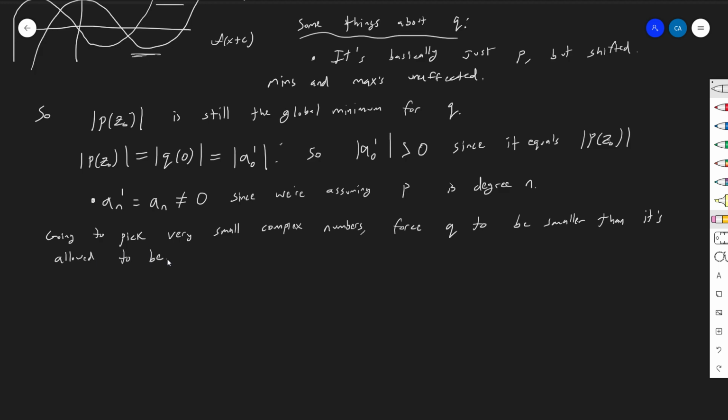In other words, what I'm going to prove in general is that if I have a minimum for a polynomial that is non-zero in magnitude, then everything nearby it is actually smaller, which makes no sense unless it's zero. That's what I'm going to show.